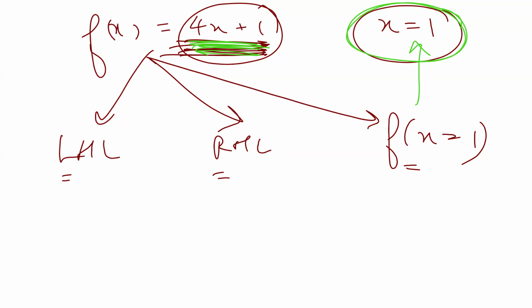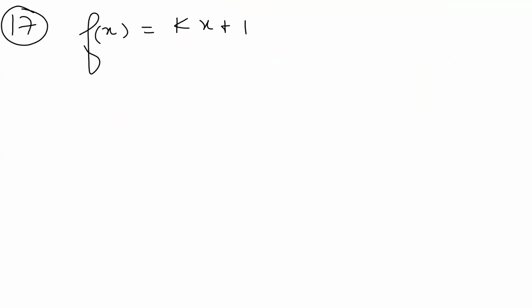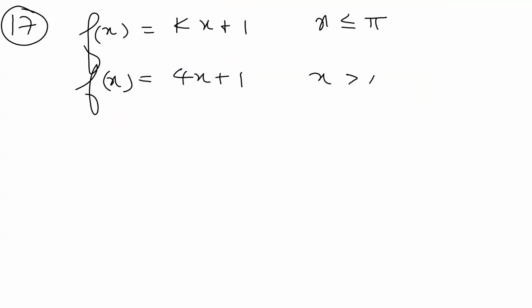Fine. Let's go to question number 17. f of x is equal to kx plus 1 when x is less than or equal to pi, and cos x when x is greater than pi.